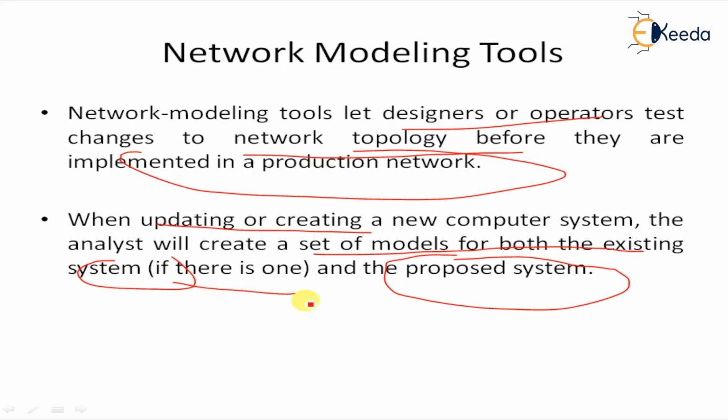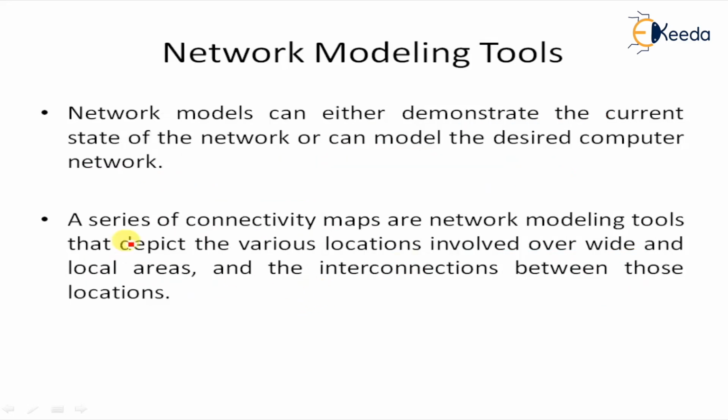Using this mechanism you can find the exact correlation, the exact data rate that can be transmitted between the existing and the new system, and how many components are required. You can find this out using the different tools available for this network. A network model can either demonstrate the current state of the network or model a desired computer network.